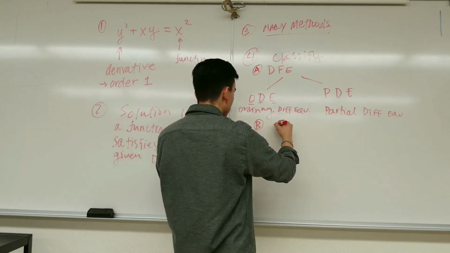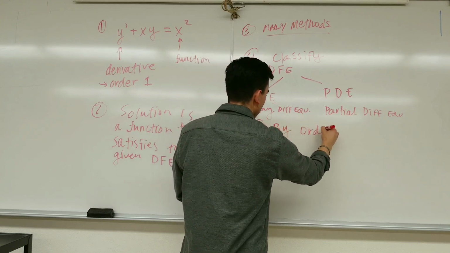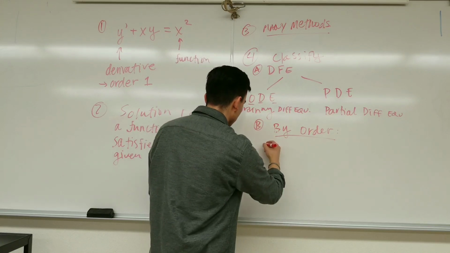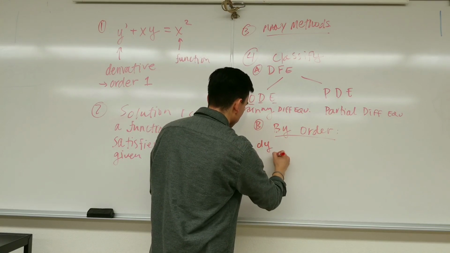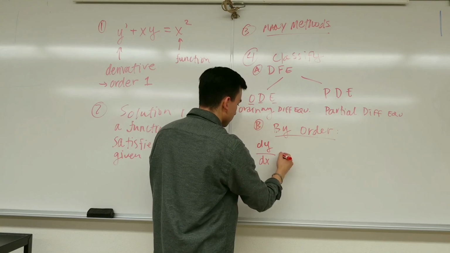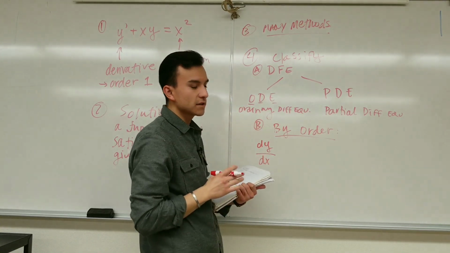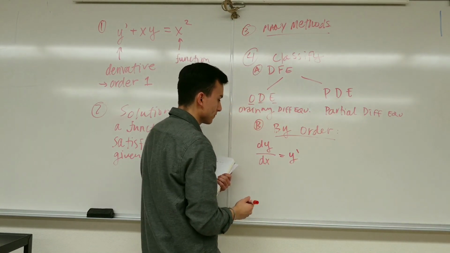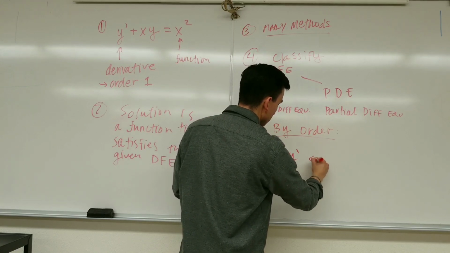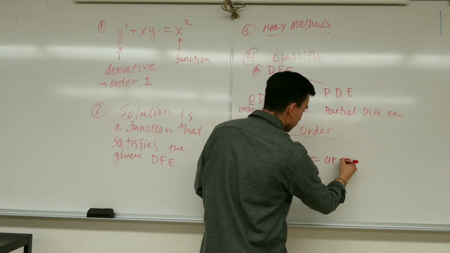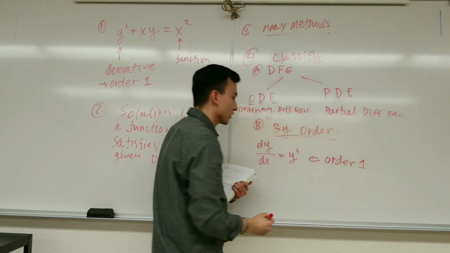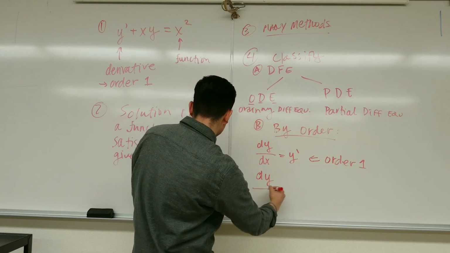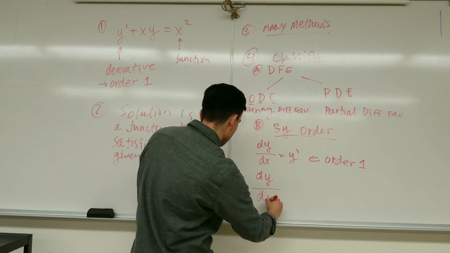So like I mentioned before, order. Now you could see it as dy over dx or y prime. Well, now this is going to be order 1. Now you can also see d squared y over dx squared.